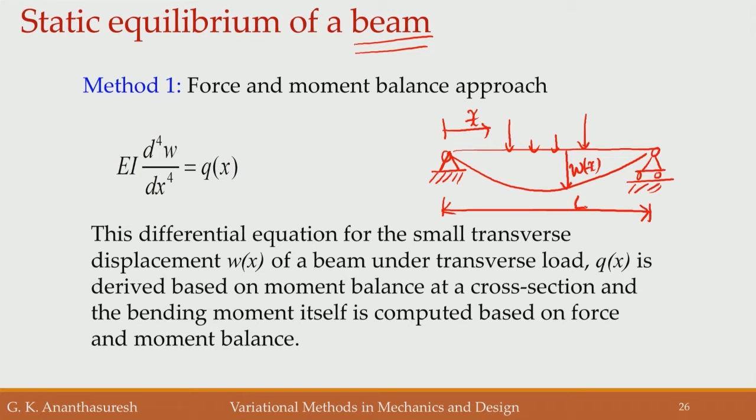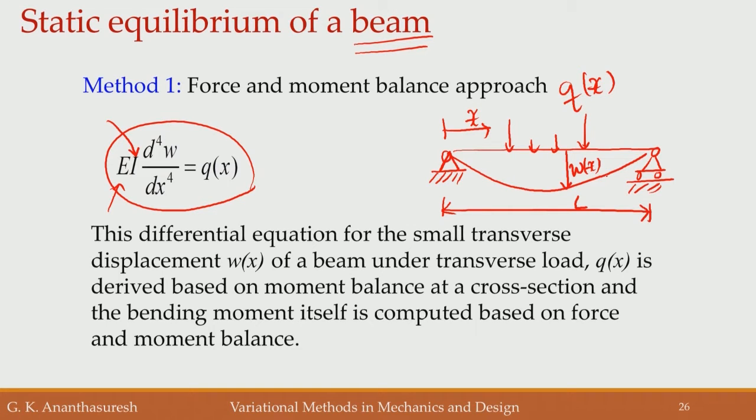Now, this beam can take a number of shapes as deformation, but it takes a particular one which satisfies this differential equation, where the loading is q of x and there is Young's modulus E, second moment of area I, and W is our unknown function which is the deformation of the beam.